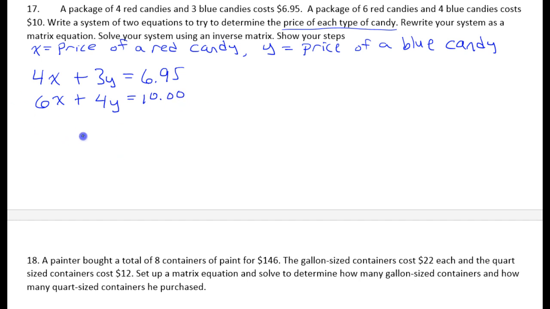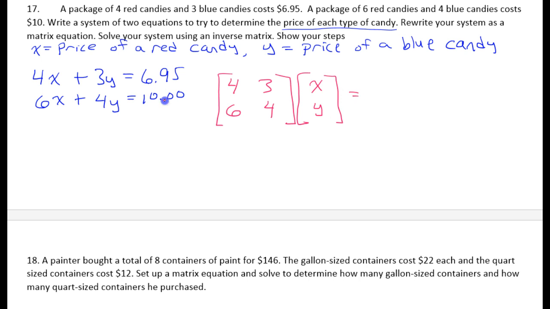Okay, so there's our equation. We can write this as a matrix equation in the following way. Look at those coefficients. The coefficients are 4, 3, 6, and 4. So we can make a matrix out of those coefficients. The variables are x and y, and they will go in their own matrix.